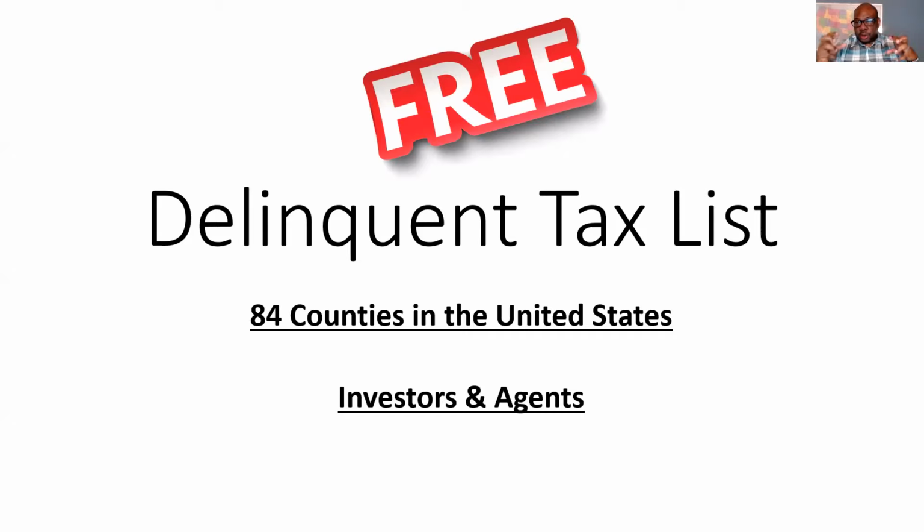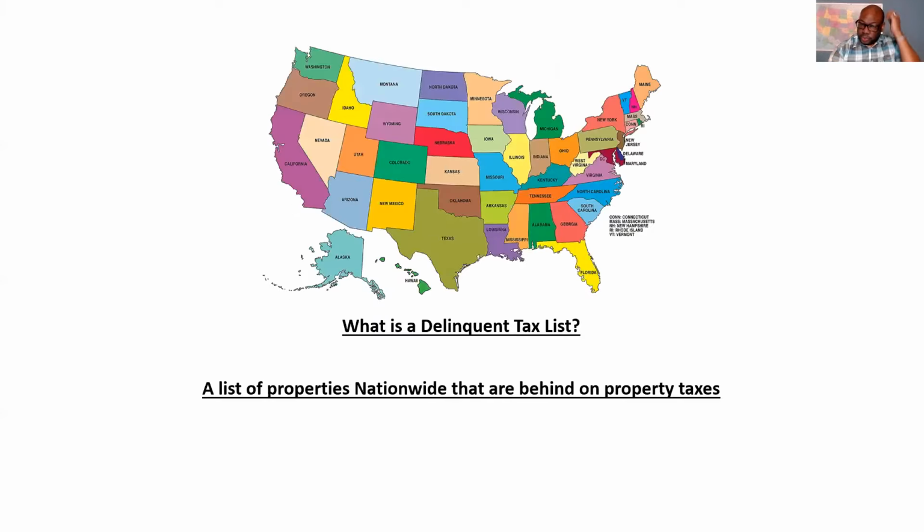So I'm going to go just a touch in depth about my process, what I did, notes I took, et cetera. First and foremost, you may be asking, what is a delinquent tax list? A delinquent tax list really is a list of properties nationwide that are behind on property taxes, okay?